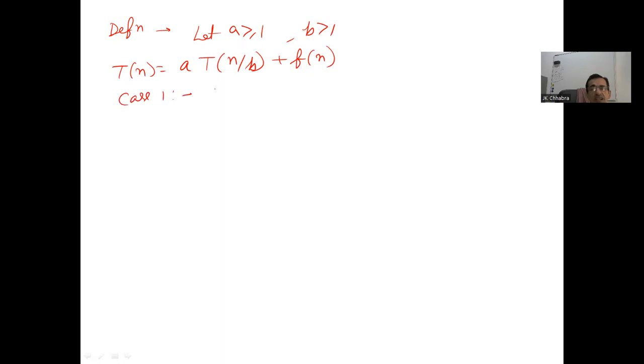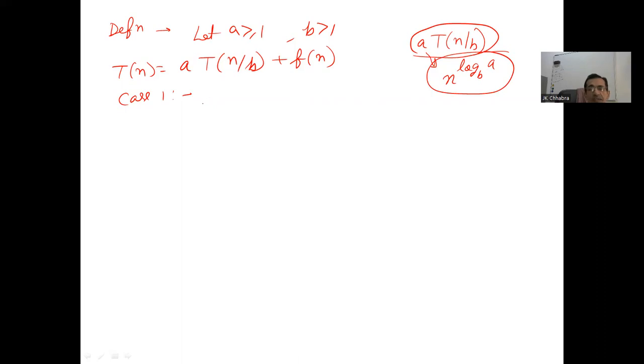Normally, a T of n by b is mathematically found to be contributing something like n power log b a. From the recursion tree you can verify later, but because of this term, the contribution is going to be in terms of this.